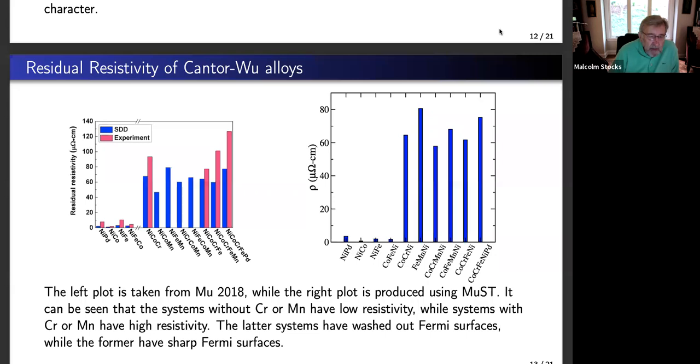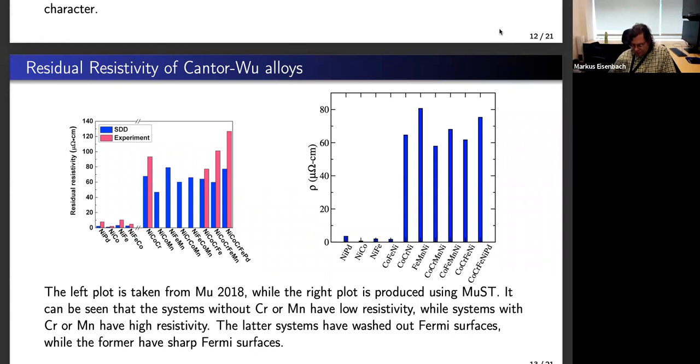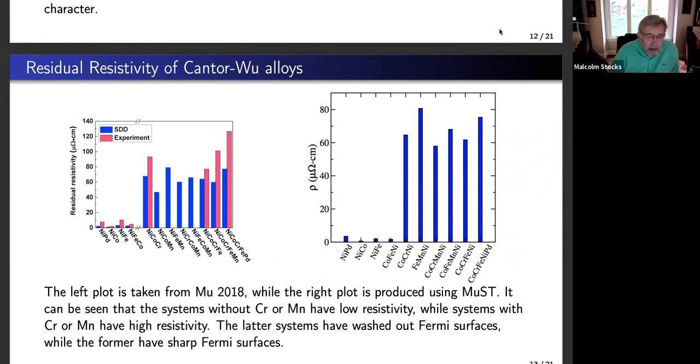So when you make an alloy, the iron and cobalt tend to align nicely. But when you add manganese or chromium, they themselves want to be antiferromagnetic, so they don't know whether they want to align or misalign with the other elements.